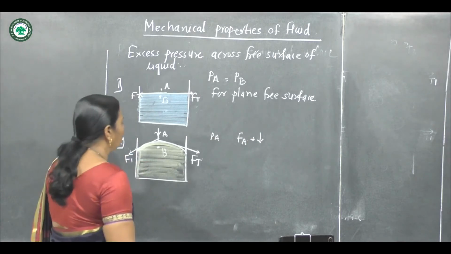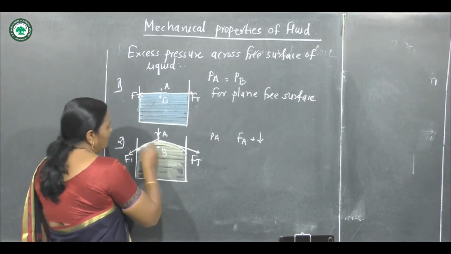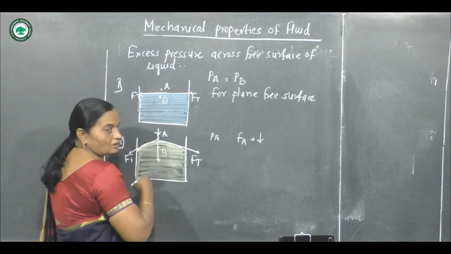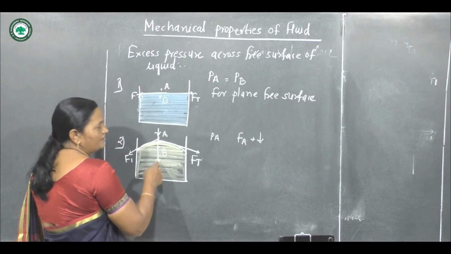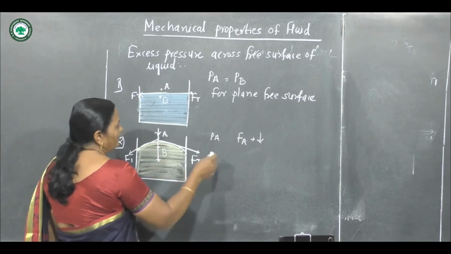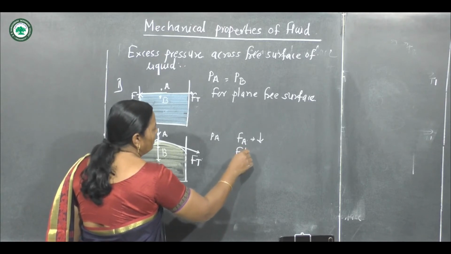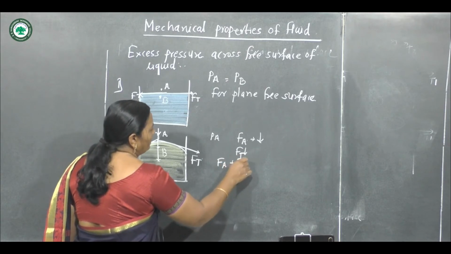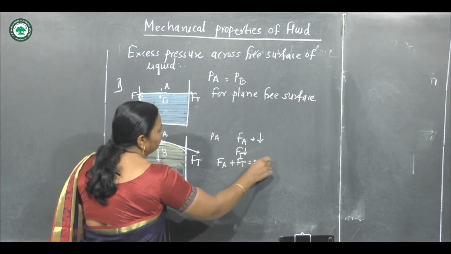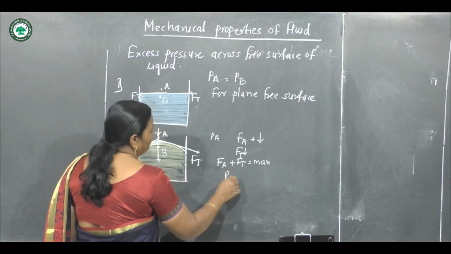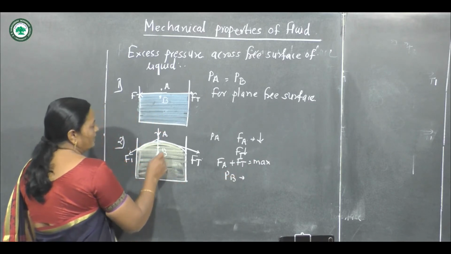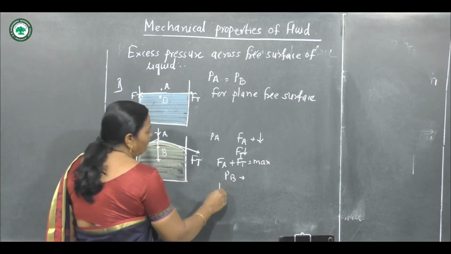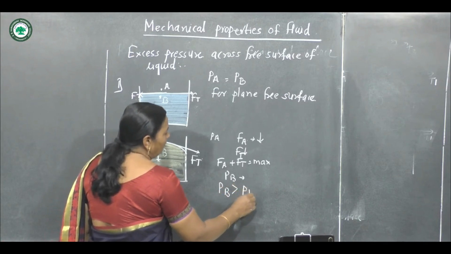Now this is one force, this is another force. The resultant, by the law of parallelogram, is given by this diagonal and it is maximum. That is Ft, it is also in the downward direction. Thus we can say that Fa plus Ft is maximum, and pressure is also maximum at point B. Thus we can say that pressure is maximum at this point, that is, PB is greater than PA.